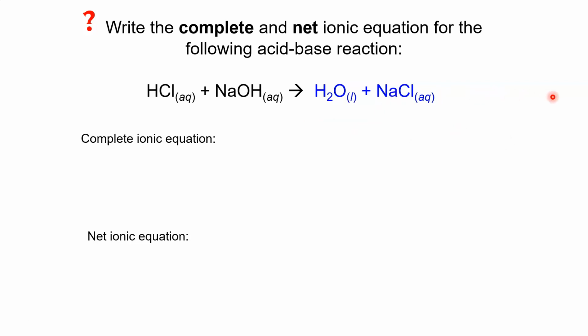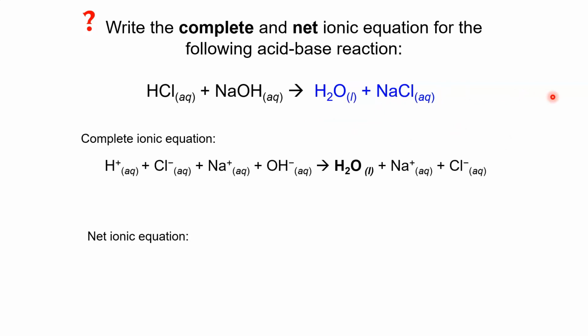Okay, so let's think about this. If we have HCl, we know it's going to break apart into H plus and chloride. And remember, this is really H3O plus, but I'm just going to leave it there for simplicity's sake, and just know that that is aqueous, right? And then we have this sodium and hydroxide, and we're forming our H2O liquid and our sodium and our chloride.